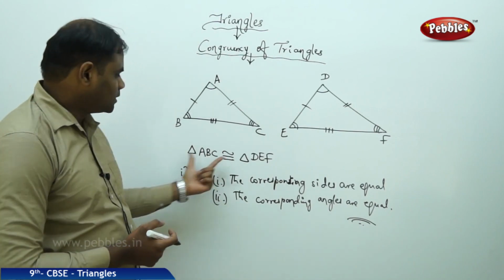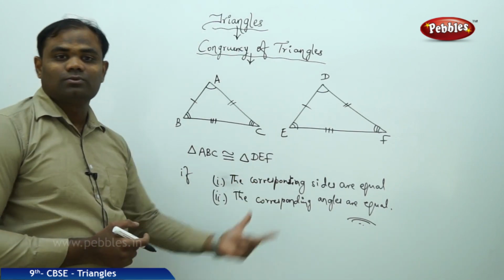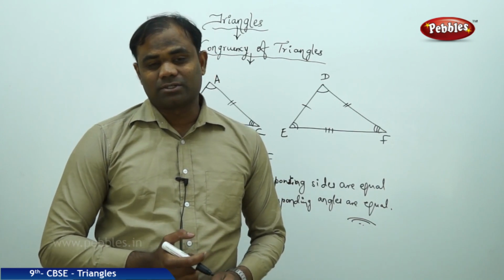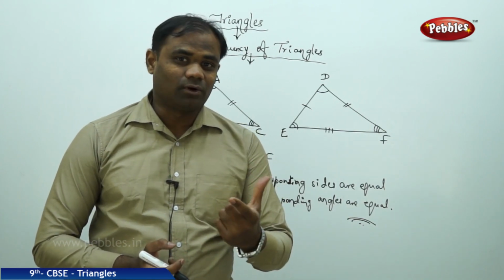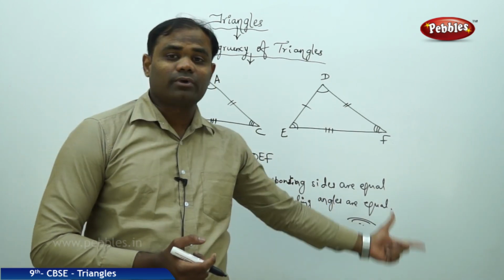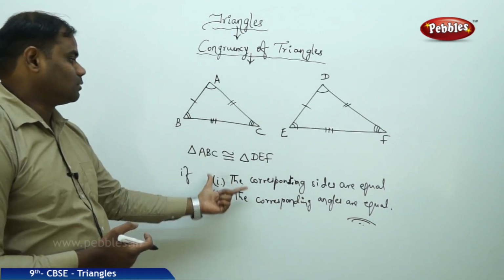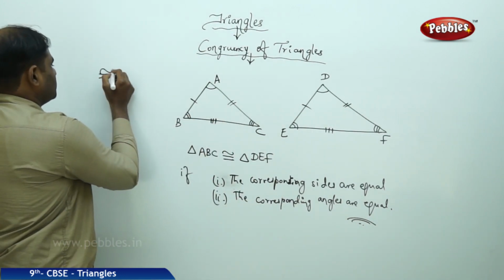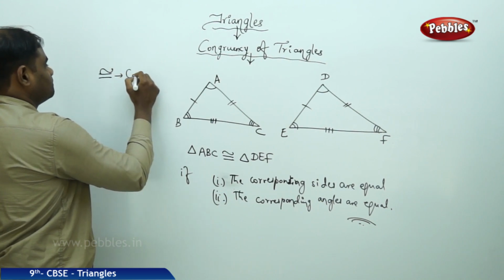So the two triangles are congruent under these two conditions. Congruency of two triangles is based on the corresponding sides being equal and the corresponding angles being equal. Congruency is defined through the symbol.